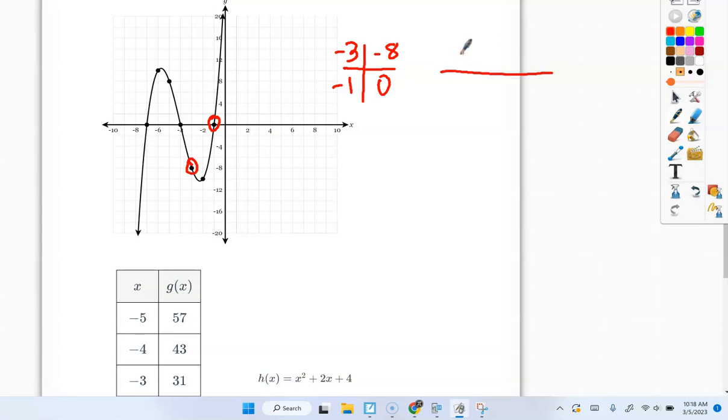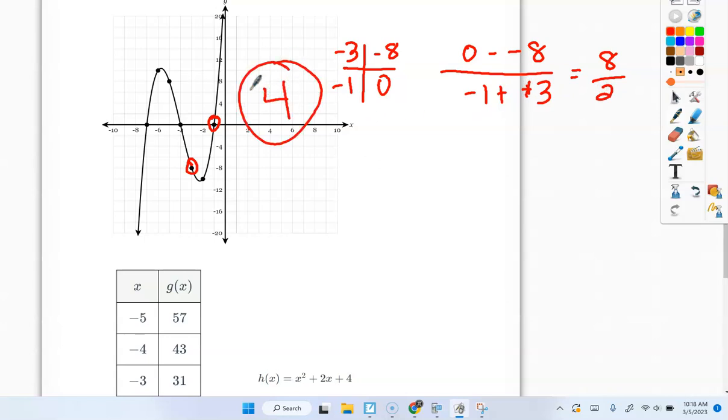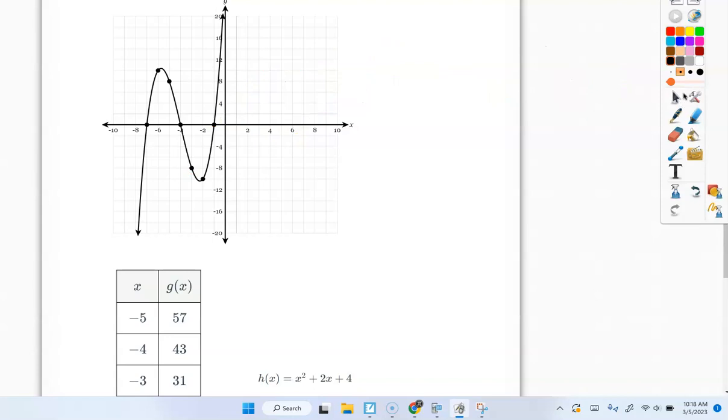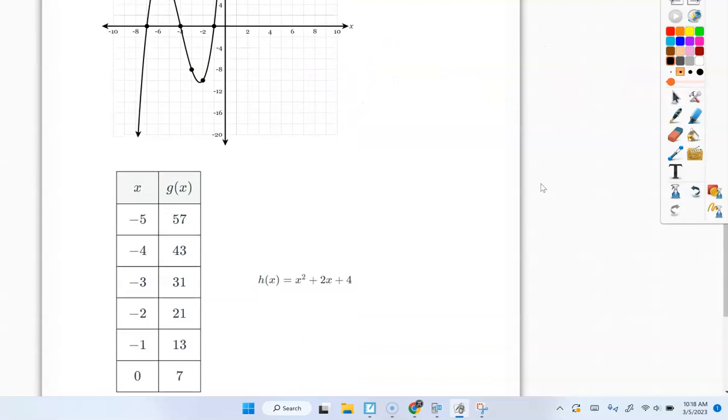So the rate of change for this function is 8 over 2, which is 4. So the rate of change for function f is 4. I'm going to clear that out and scroll this down a bit. Okay, here we go. The rate of change for function f was 4.